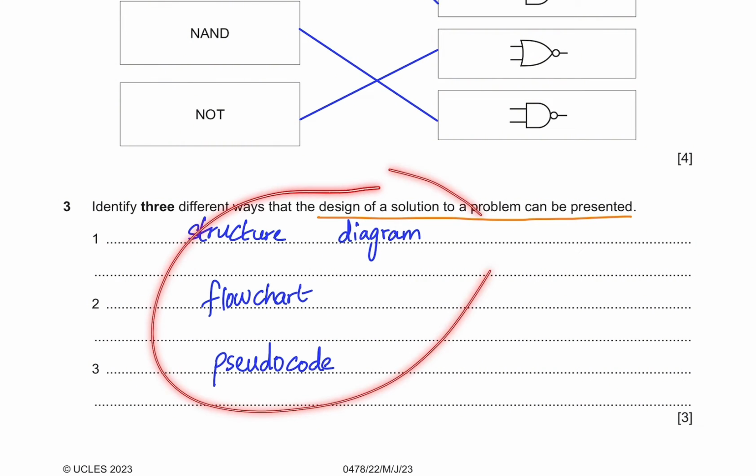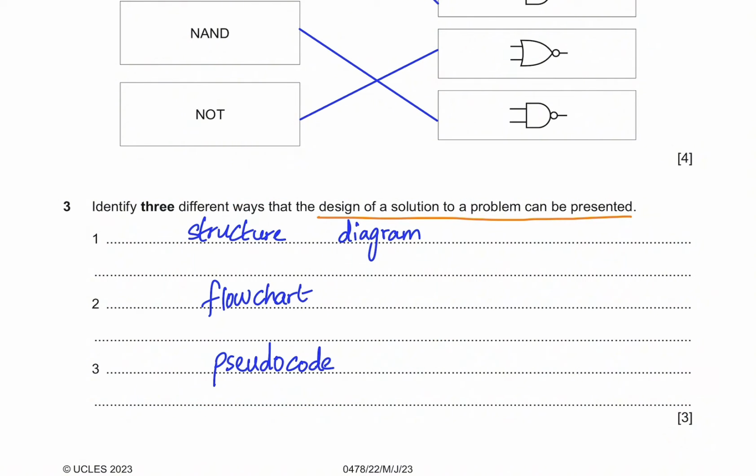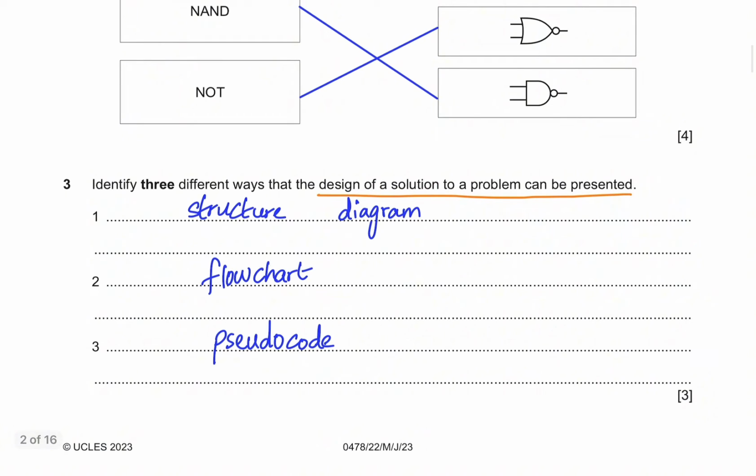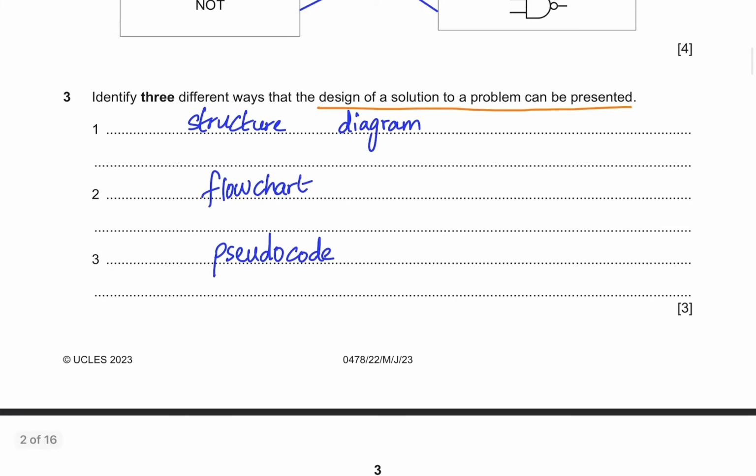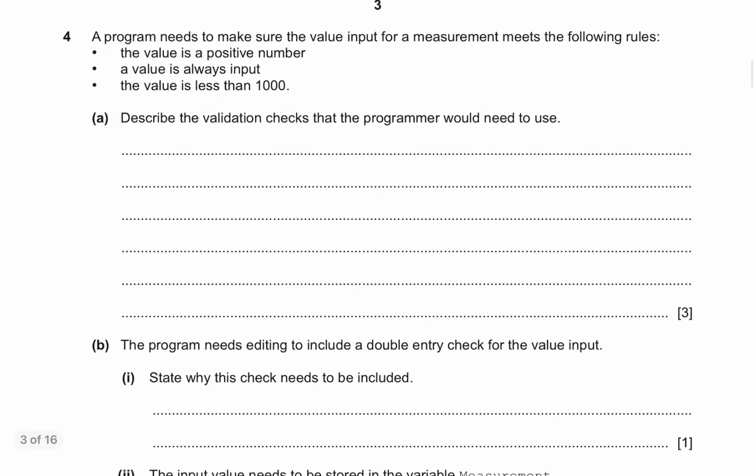These 3 different ways can design a solution for a problem that can be presented. You can say structure diagram or you can say structure chart as well. Both the things are the same. Pseudocode or flowchart.